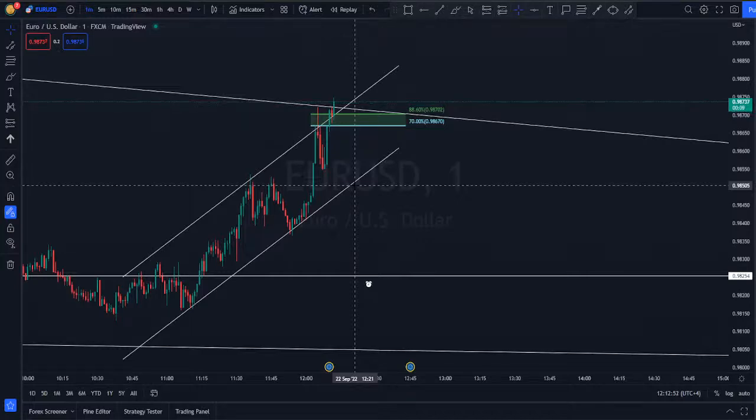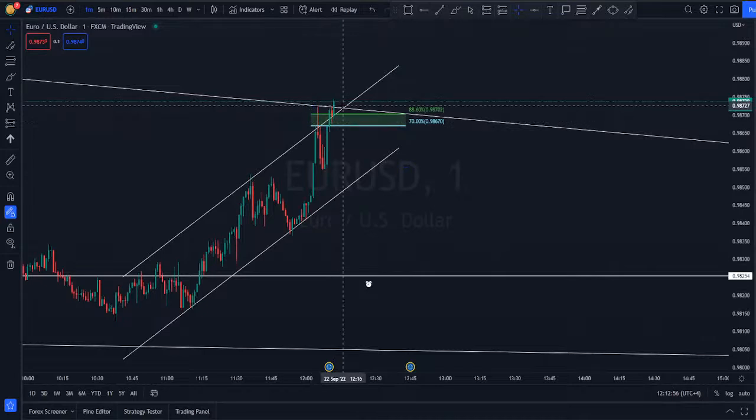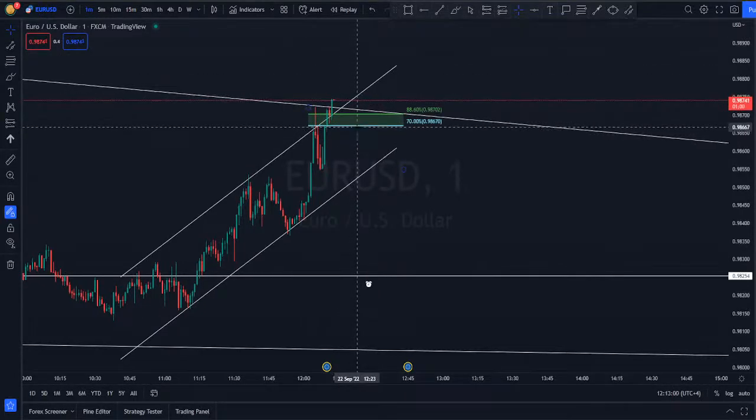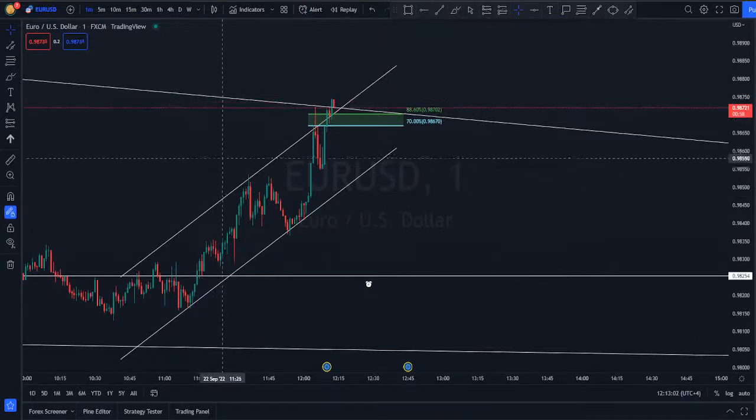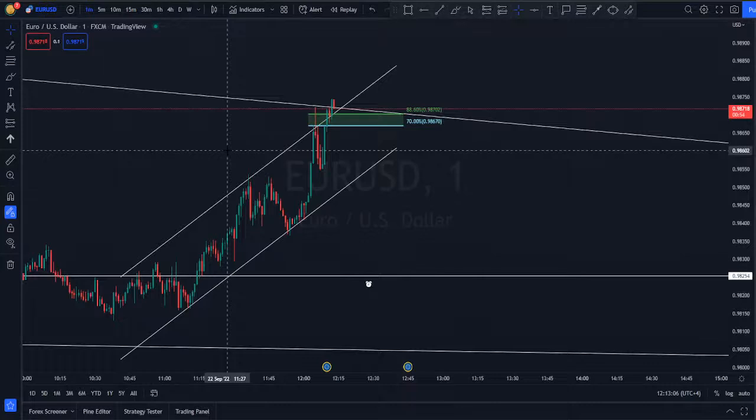If it were me before, what I would have done is wait for this candle to close. If it closes, then I take a trade above it and put the stop loss here. I'm right most of the time with that, but after some time, there is this thing that beclouds you. You win for a couple of times, and after that, you find out that you're actually not winning anymore.